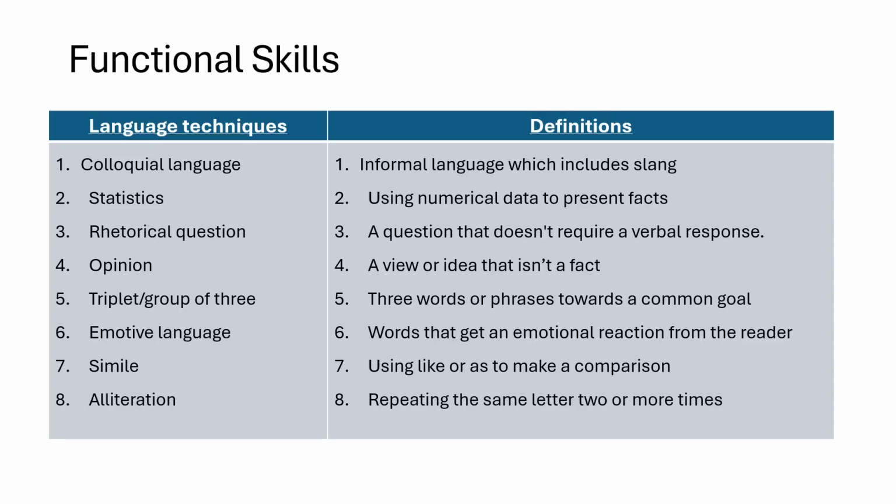Opinion, a view or idea that isn't a fact. Triplet or a group of 3, 3 words or phrases towards a common goal. Next we have emotive language, so words that get an emotional reaction from the reader. Number 7 is a simile, so using like or as to make a comparison. And a final one is alliteration, repeating the same letter 2 or more times.